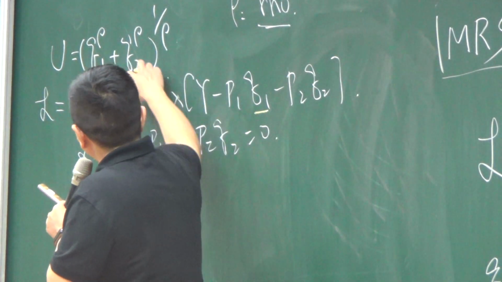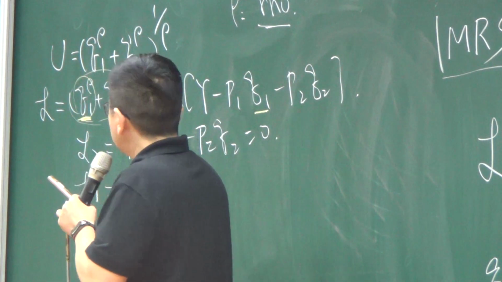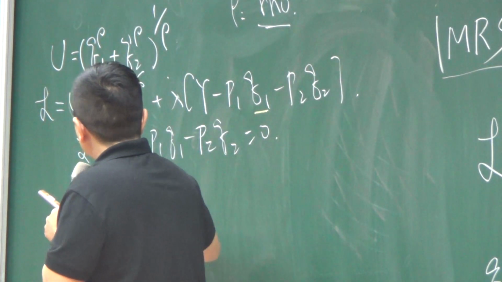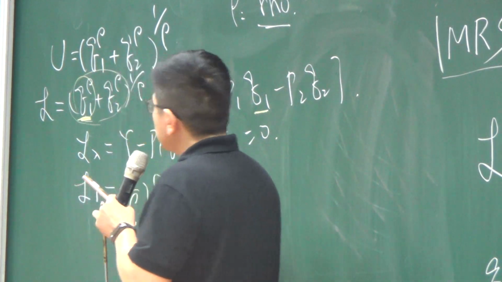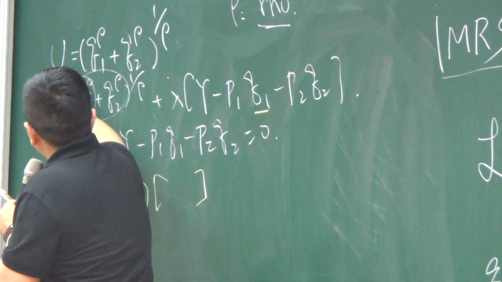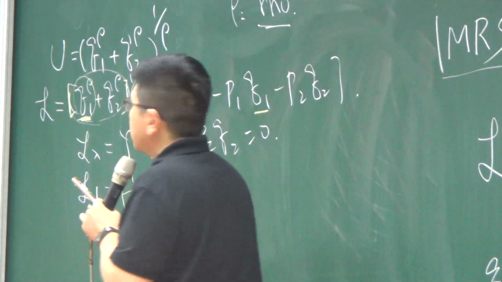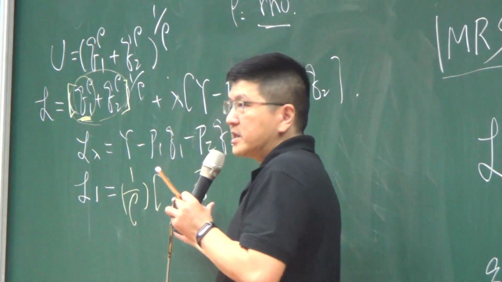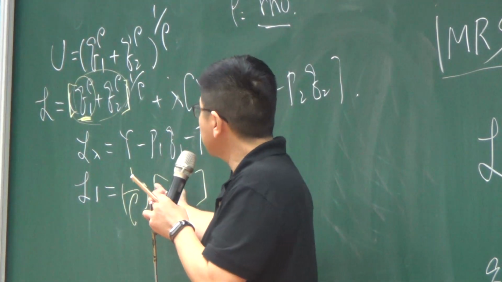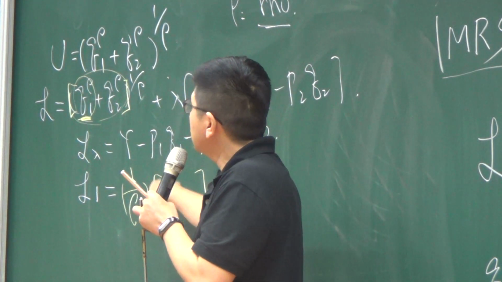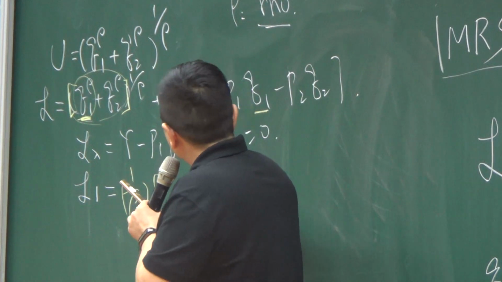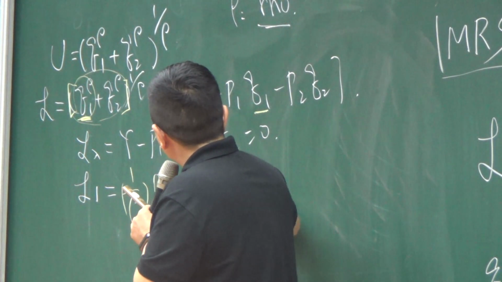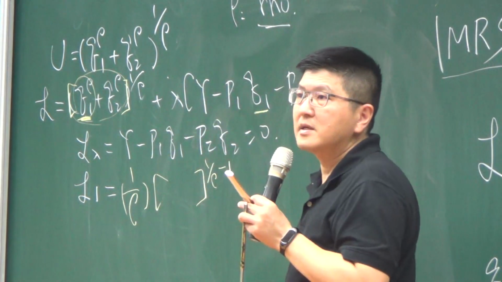So you will see the power 1 over rho will be dropped down here. And the term in the square parenthesis is just this term. I will omit the content here because it's just Q1 rho plus Q2 rho, okay? The power will be 1 over rho minus 1. Is that clear?